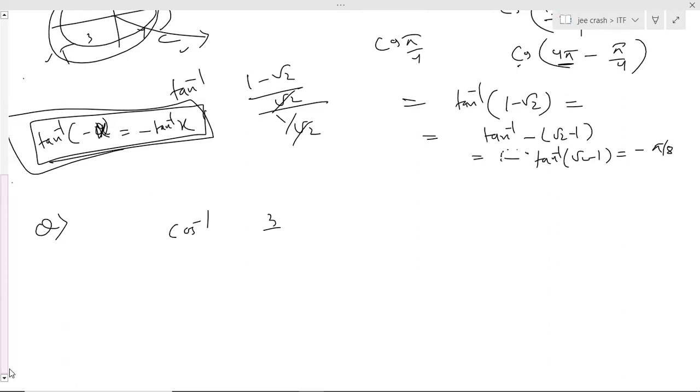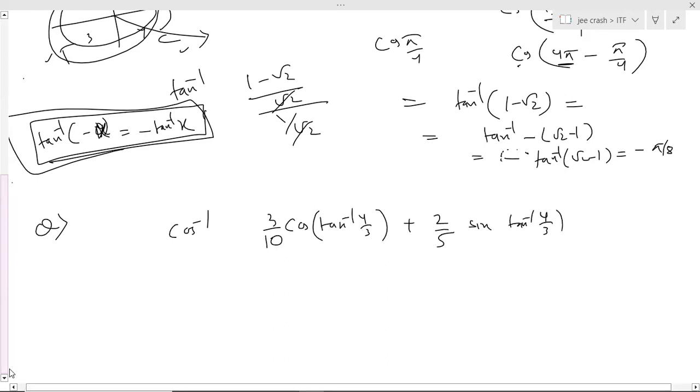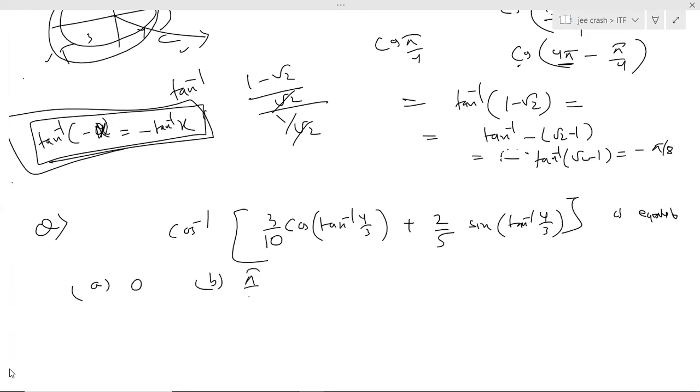Cos inverse of 3 upon 10 times cos of tan inverse 4 by 3, plus 2 upon 5 times sine of tan inverse 4 by 3, and whole bracket is equal to: option A is 0, B is pi by 4, C is pi by 3, D is pi by 6.